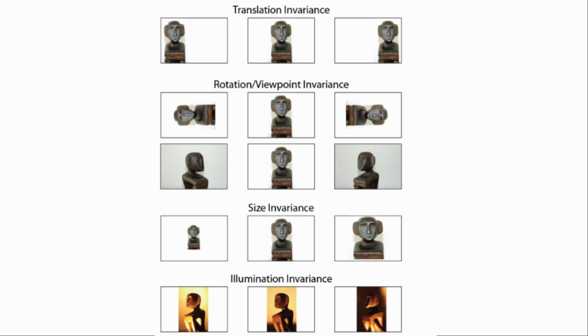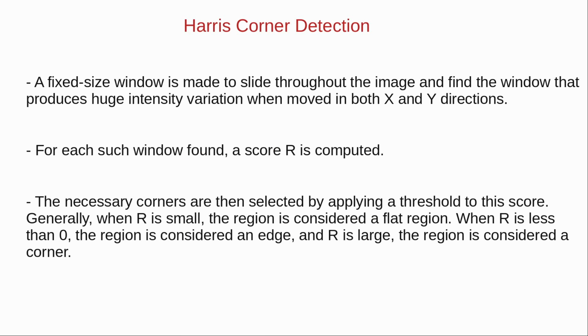So finally, the topic of this video, which is Harris corner detection. Obviously there's a lot of mathematics behind this algorithm, but the key foundational concept is that corners are regions in the image with large variation in intensity in all directions. These are the three workflow steps of Harris corner detection.